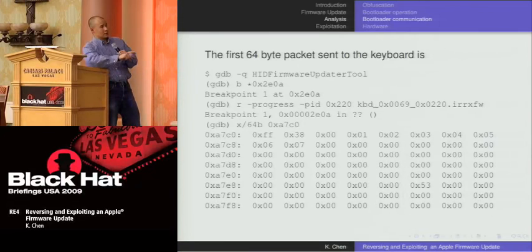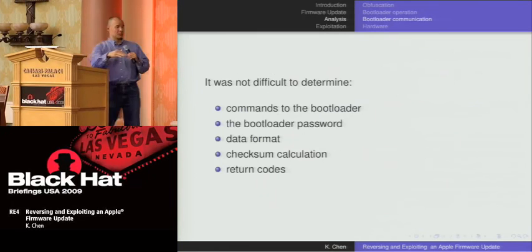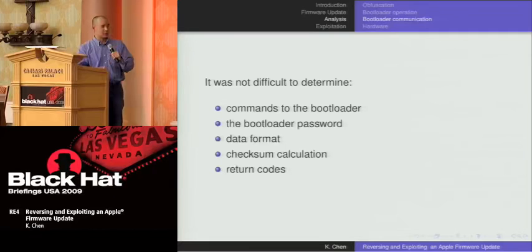So this is the first 64 bytes that's sent to the keyboard, and we'll completely understand exactly how all this works. We can determine the commands, the bootloader password, the format of the data, how the checksums are calculated, and the return codes that the keyboard gives us. You might want to spend just a second trying to guess what the bootloader password is. It's so simple. You'll be shocked.